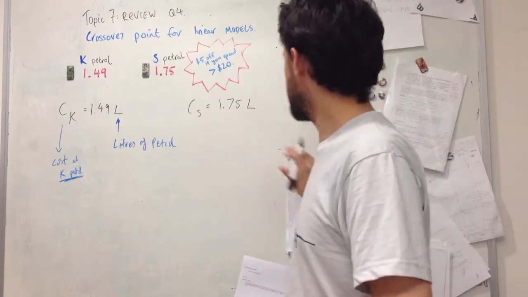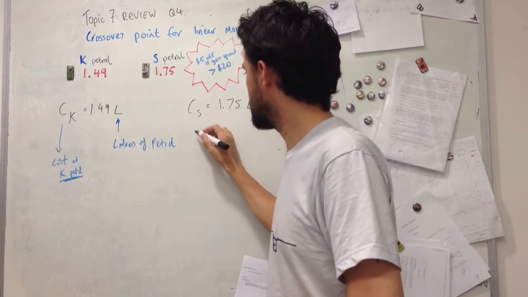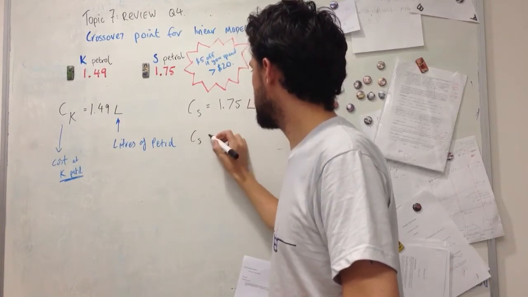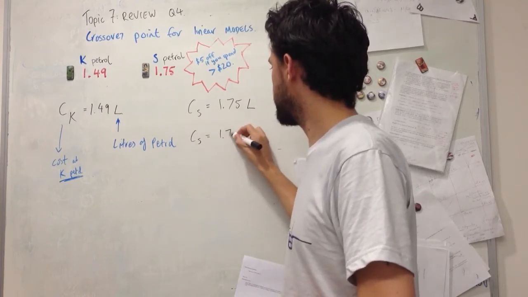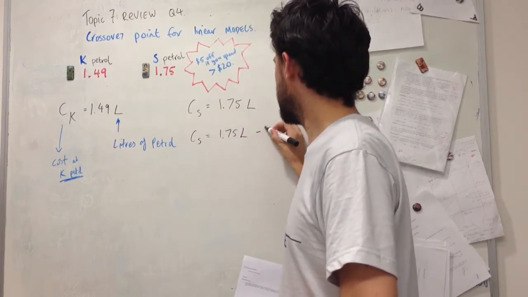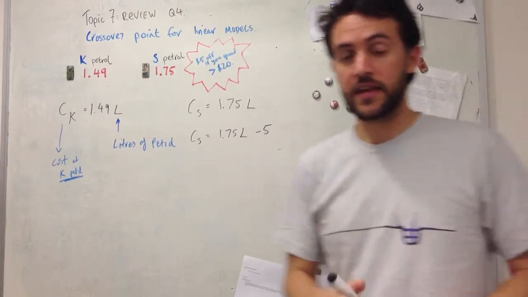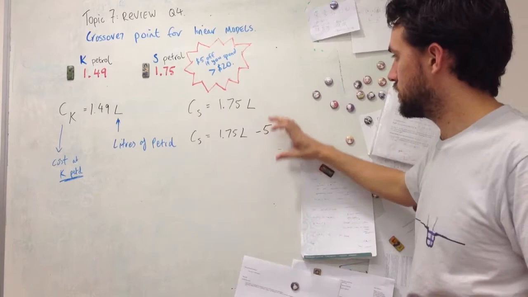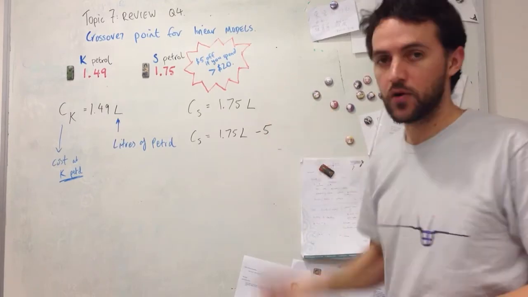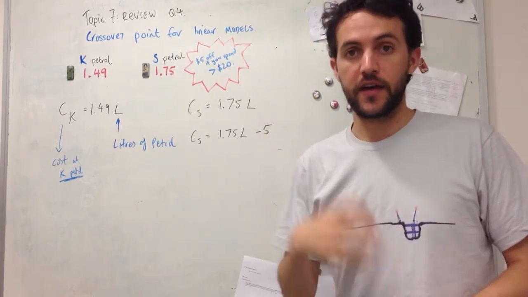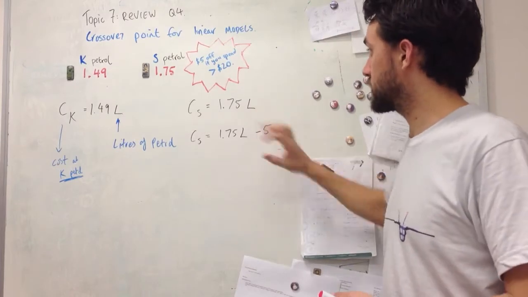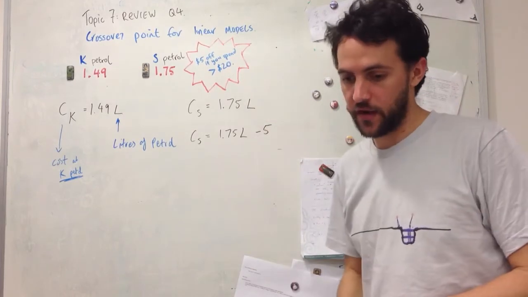But then for this one, we also have another alternative, which is 1.75 L minus the $5. Okay, so the key thing here is that we need to know, when do we use which model? So actually we need to have a number of litres at which we start deducting this $5.